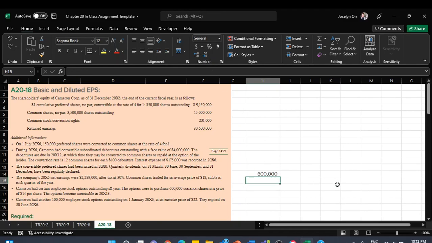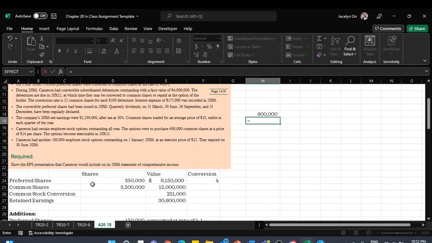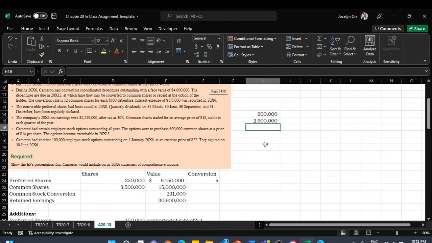Which means that we had 600,000 common shares that were added. So if we take our 3.5 and we subtract these 600, that means at the beginning of the year we actually had 2,900,000 common shares outstanding. After the conversion took place and we added in this additional 600,000, that's when we got up to our 3.5.